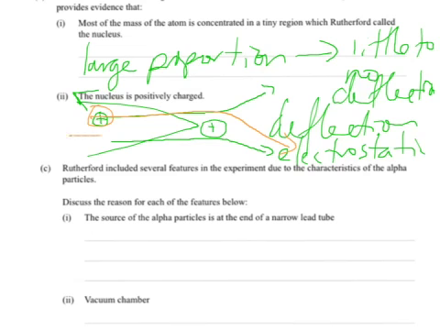But you would expect some of them, with electrostatic opposite charges, instead of bouncing right back, to just hit it and kind of stick together, I guess. Probably depends how hard they hit it, but overall the balance of it seems to indicate that you've got that electrostatic repulsion or attraction, and then the ones that bounce straight back tend to indicate that it's definitely the same charge as the alpha particle.